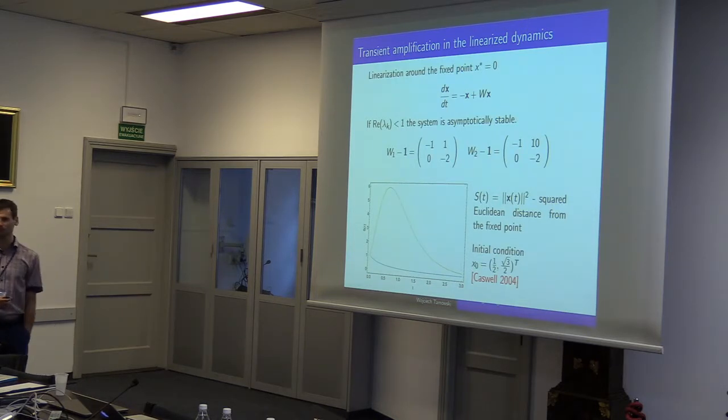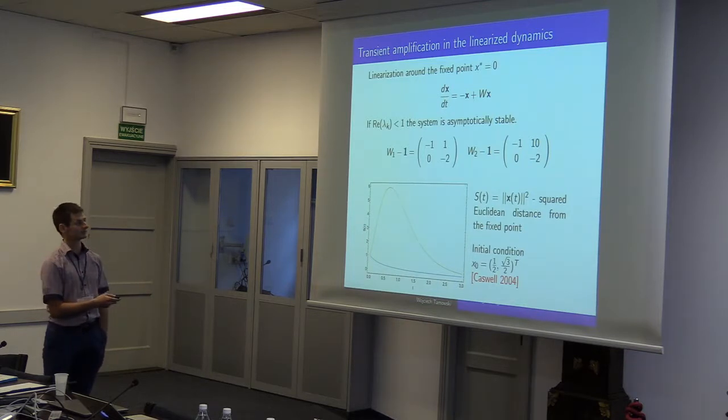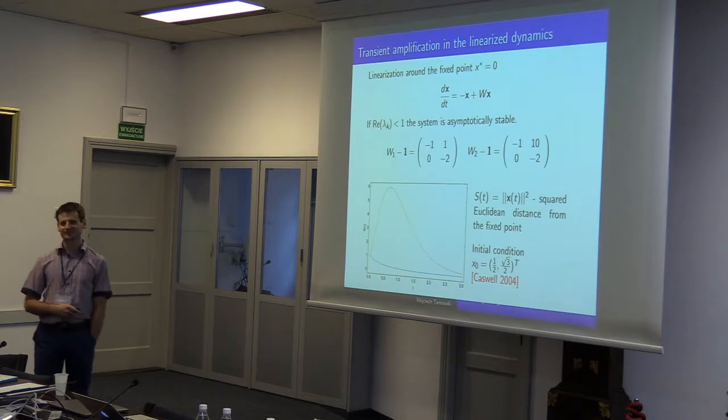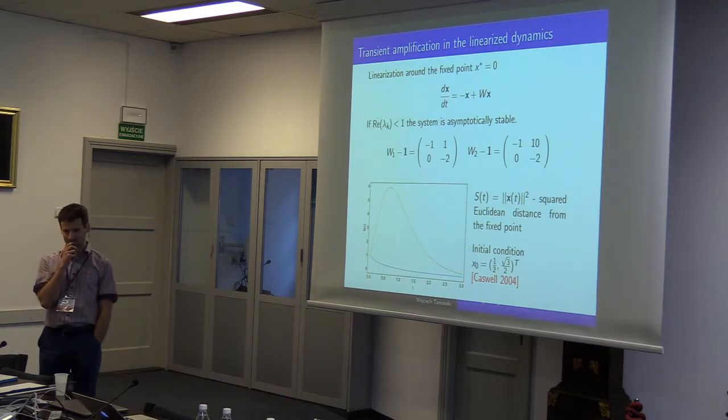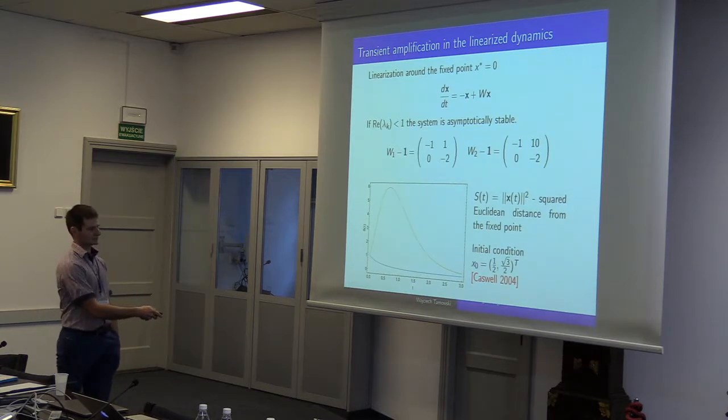But this cannot be the linear dynamics. This is no longer the linearized dynamics, because that would either explode or decay. If you have exponential contributions asymptotically, at short times, yes, exactly.